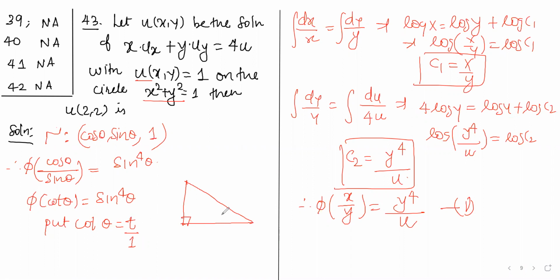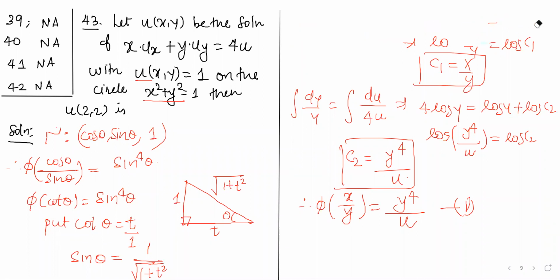If I consider this angle to be theta, then cot theta will be t over 1, with 1 here and t here, and this side will automatically be the square root of 1 plus t square. So we got cot theta, and now from this angle we can also find out sine theta. So what will be sine theta? Sine theta will be opposite upon hypotenuse. So opposite is 1 and hypotenuse is root of 1 plus t square. So we got even sine theta. Now let me erase this thing. So this is no longer needed.